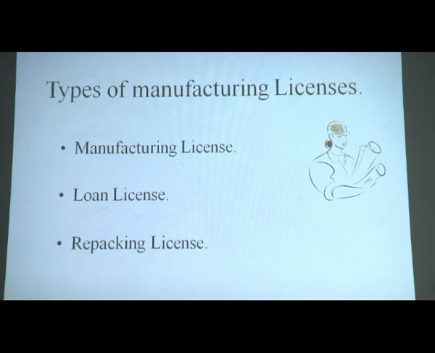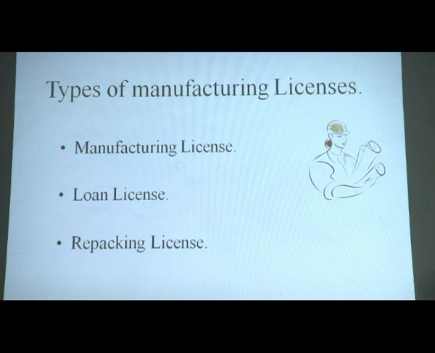A loan license is a license granted to a person who does not have his own facility for manufacturing, but he intends to use a facility owned by another manufacturer. In that case, the licensing authority verifies all the requirements, those that are fulfilled by the manufacturer who has their own facility. Also, the capacity of the plant is taken into consideration while discussing the loan license.